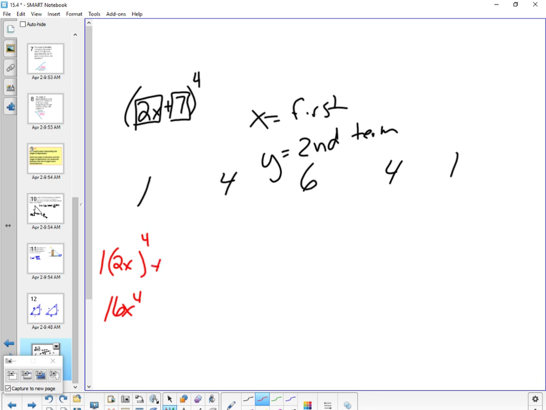Next one, 4 times x to the 3rd, we multiplied by 1. But anything times 1 is itself, isn't it? There's no y's. It's y to the 0, which would be another 1, wouldn't it? Yeah, but there is no second term here. Remember, because y is 0 in the beginning. On the next one, this becomes 2x.